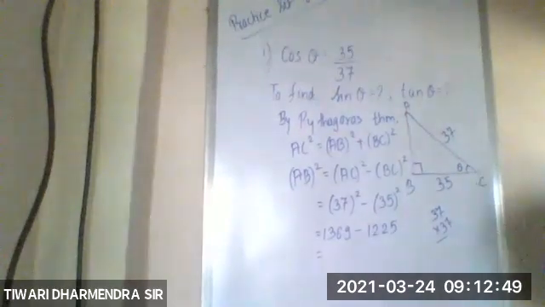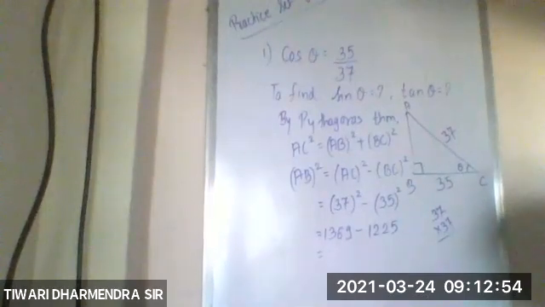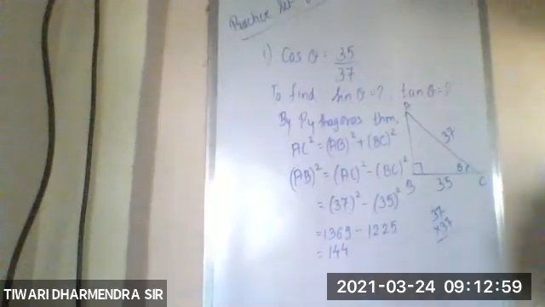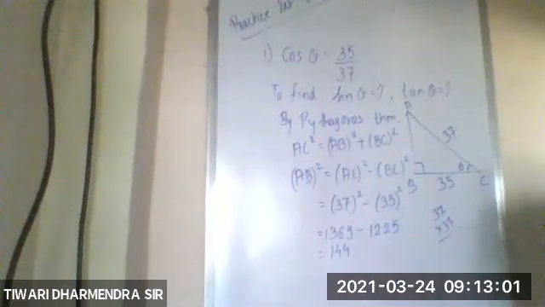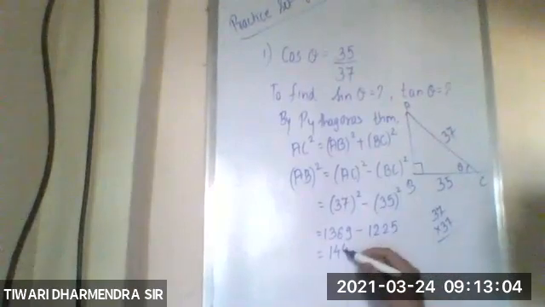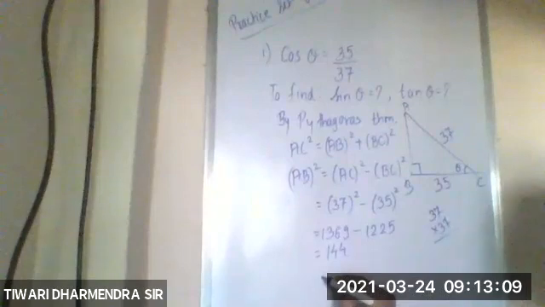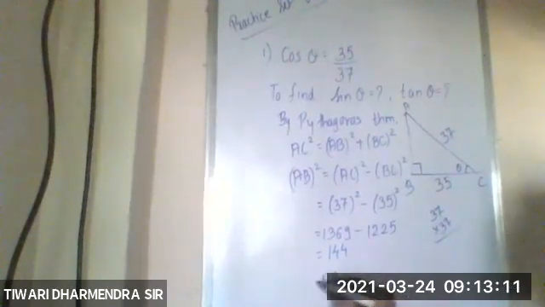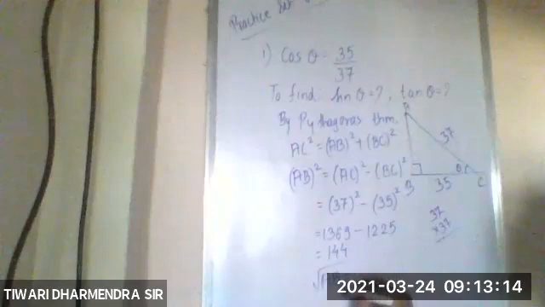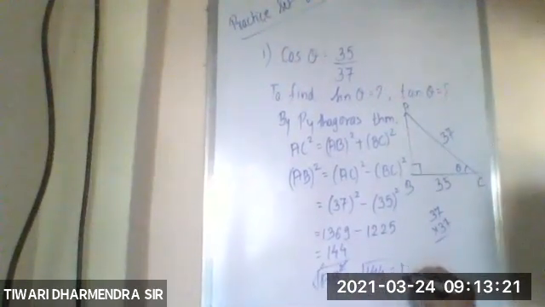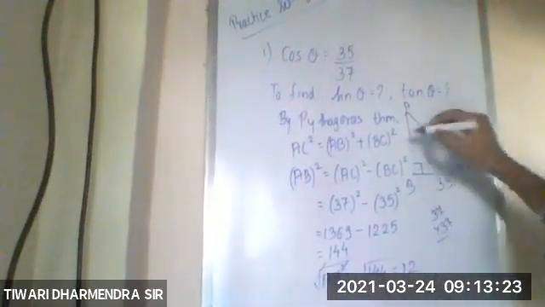When you subtract 1225 from 1369, you get 144. So I got AB square as 144. Taking square root on both sides, the square root of 144 is 12. So I got AB as 12.